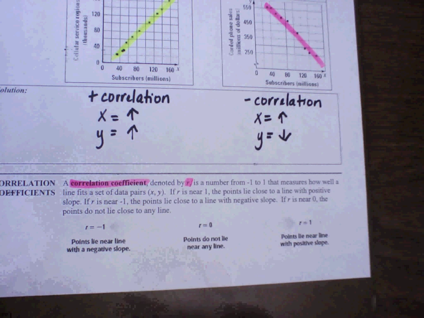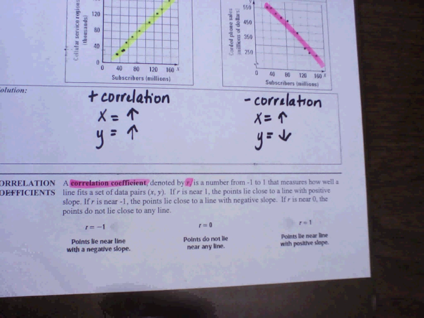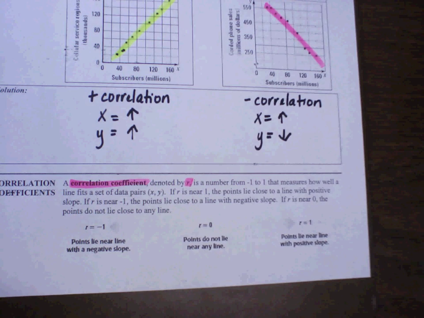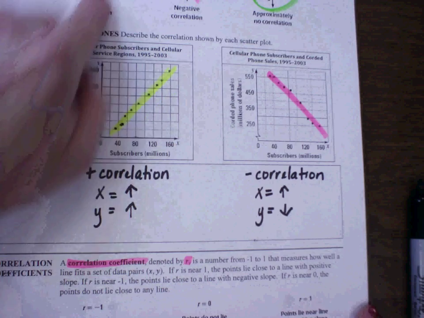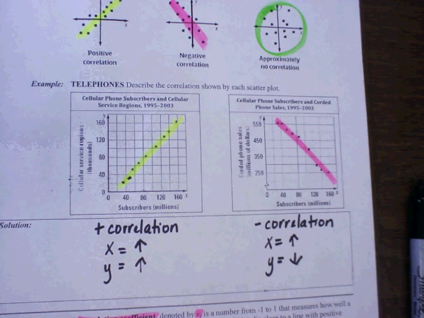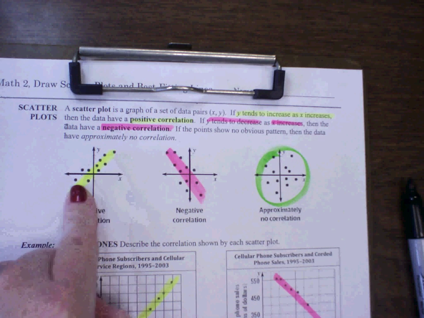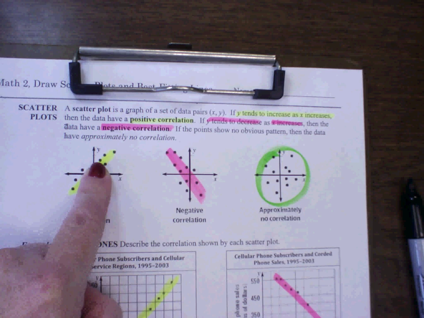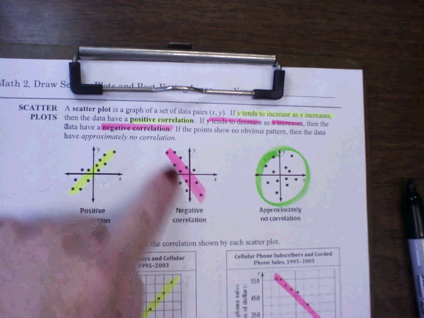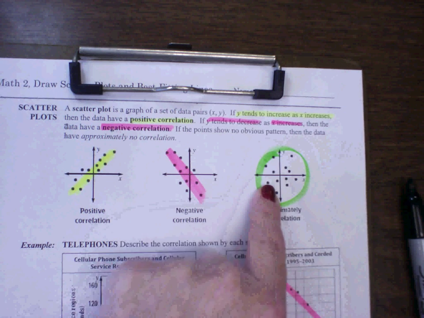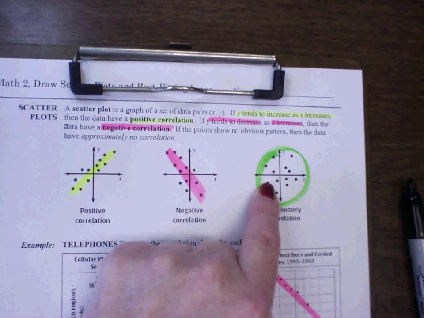That is determined by an R, and it tells you how strong or how weak that data is related to each other, okay? So something like this has a positive correlation coefficient. Something like this has a negative correlation coefficient, and something like this has a correlation coefficient of 0 because there's no correlation.